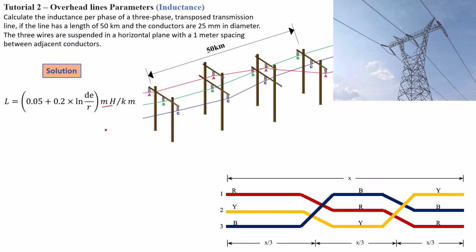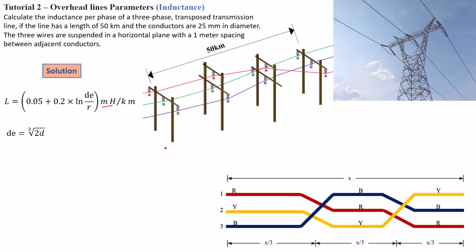But now we've got a few parameters here that we need to make sense of before we can actually calculate this inductance. The first parameter here is dE. Now dE is related to the conductors that are suspended in a horizontal plane with 1 meter spacing, right? If dE is equal to the cubic root of 2d, that basically means your conductors, like in our case, are equally spaced.